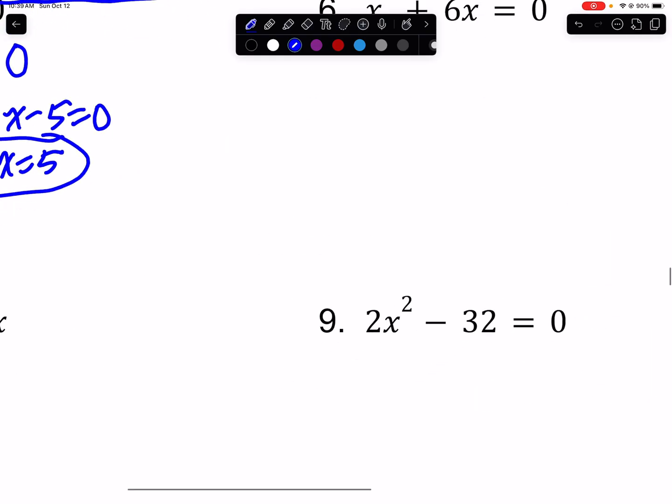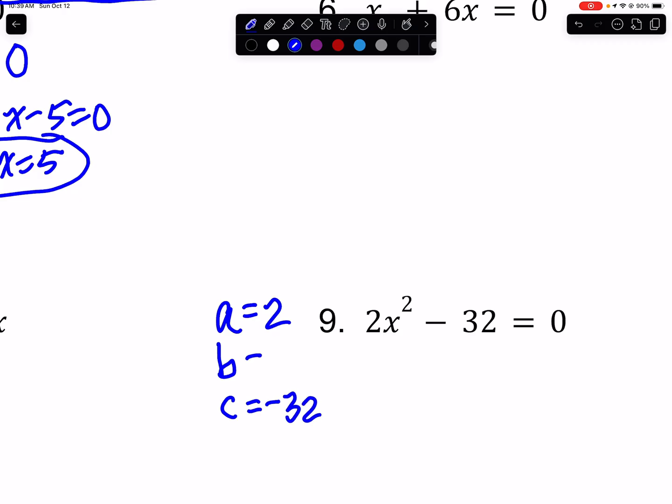Now sometimes, like in this problem, A is 2, C is -32, but B is 0, because there is no term like 7x in there. Remember, it's ax squared plus bx plus c. There is no middle term. B is 0. So that means we're not really, you could do a puzzle. It's a little awkward to do that.